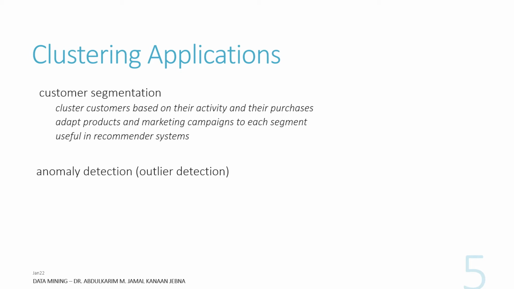One of the famous algorithms that we are going to discuss is dbScan. dbScan defines each object as one of three categories while it does clustering: either a core point, a border point, or an anomaly point. So we can use clustering to enable anomaly detection.